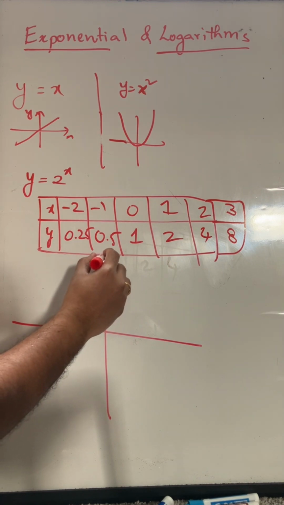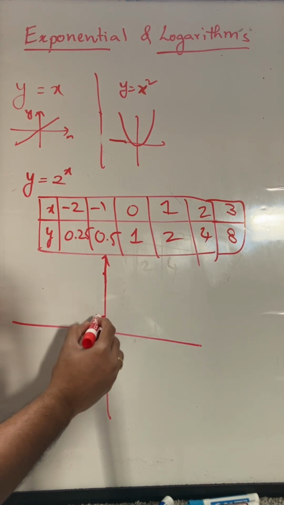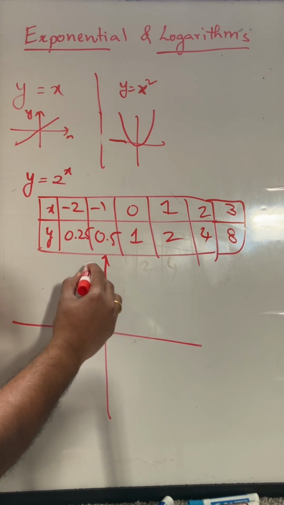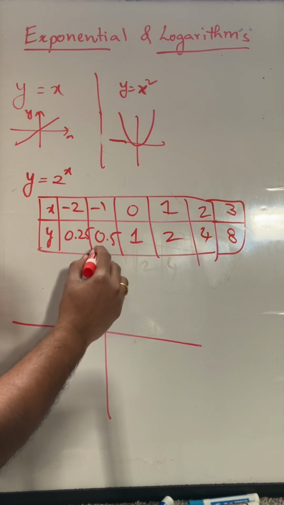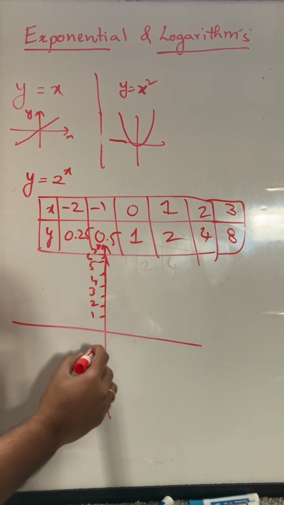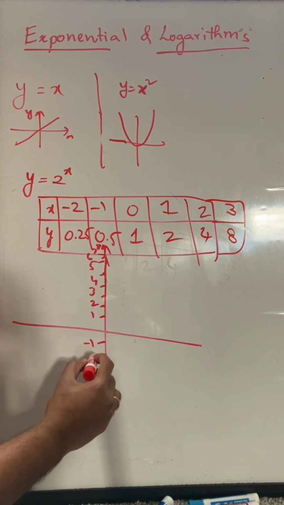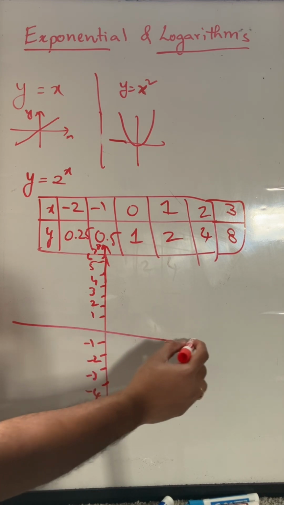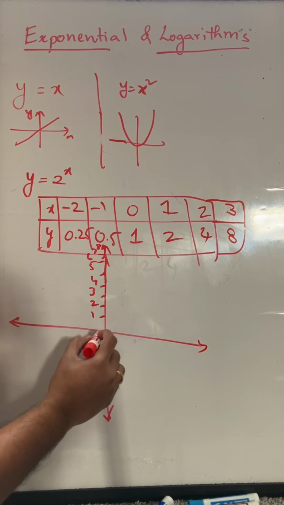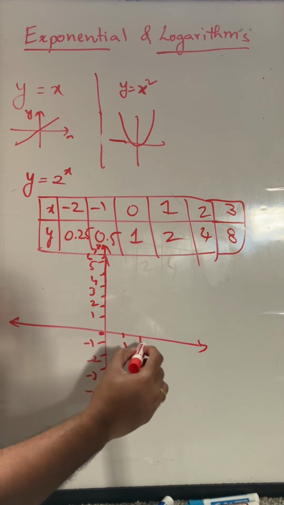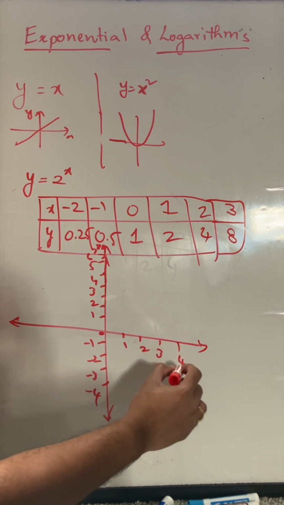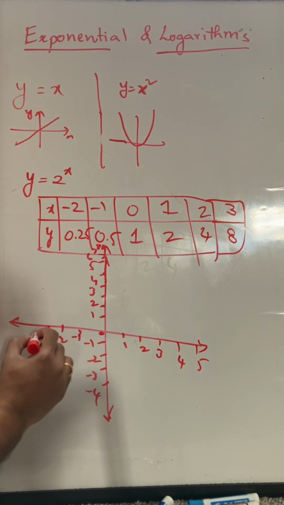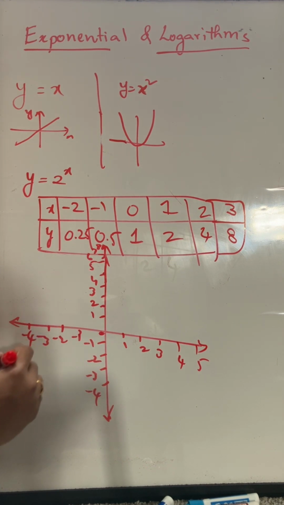y is a little bit taller. So 1, 2, 3, 4, 5, 6, 7, and 8. And here -1, -2, -3, -4. This is 0. 1, 2, 3, 4, 5. -1, -2, -3, -4.